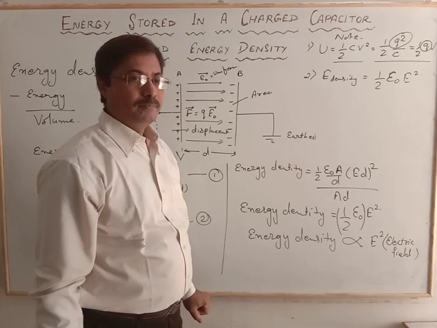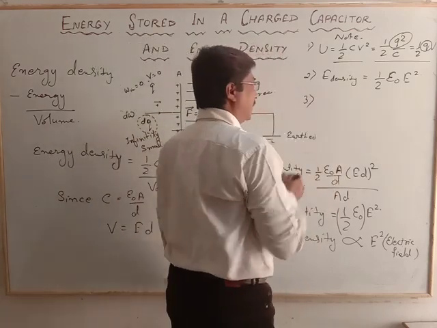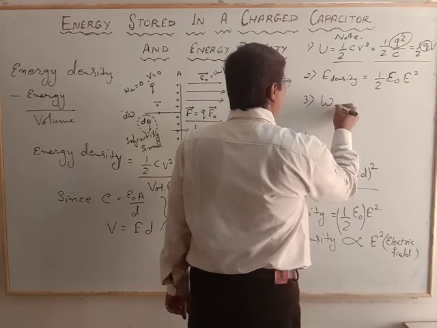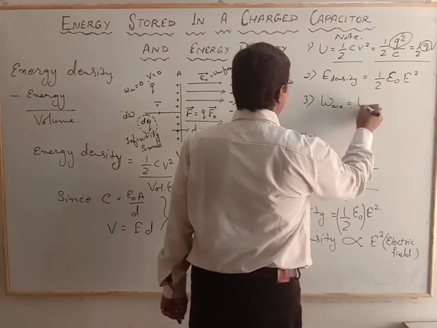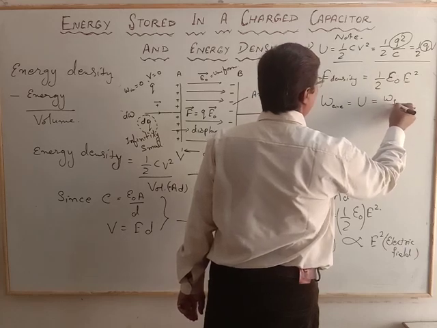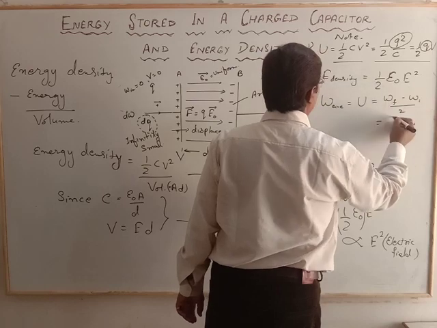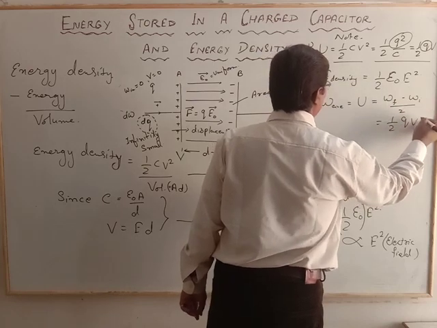We also calculated the energy relation from the average work: work final minus work initial, by 2, and we got the relation half QV.